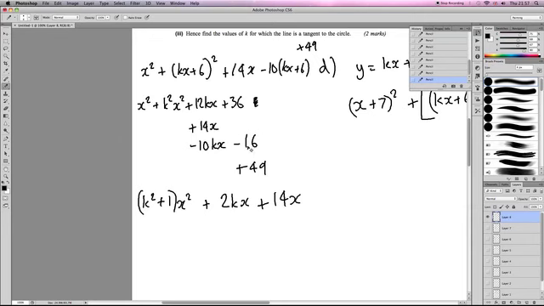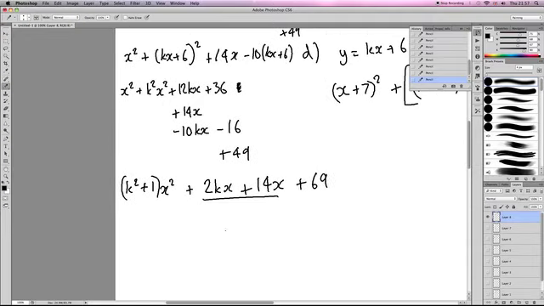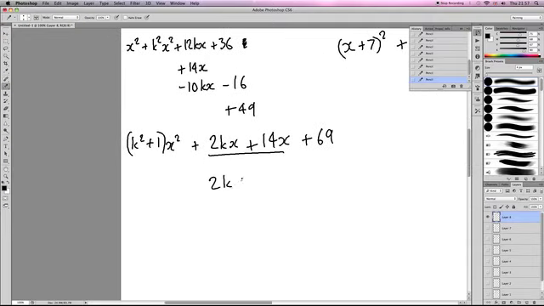So 36 minus 16, that gives me 20, plus 69. I can factorize x out, so it's 2k plus 14 x plus 69. Again, k squared plus 1 x squared, and that's equal to 0.